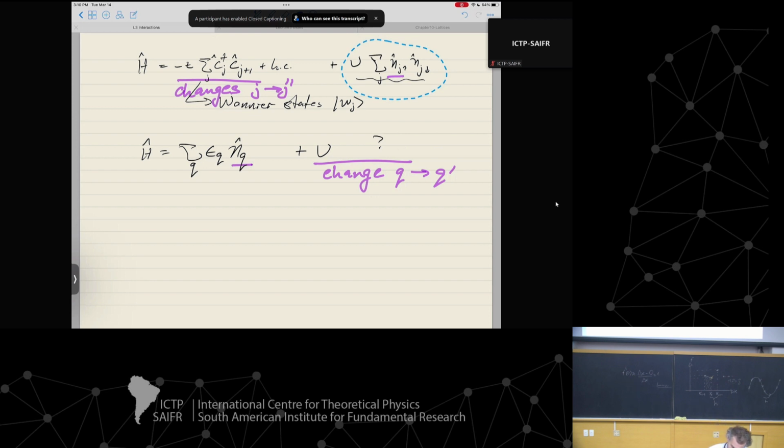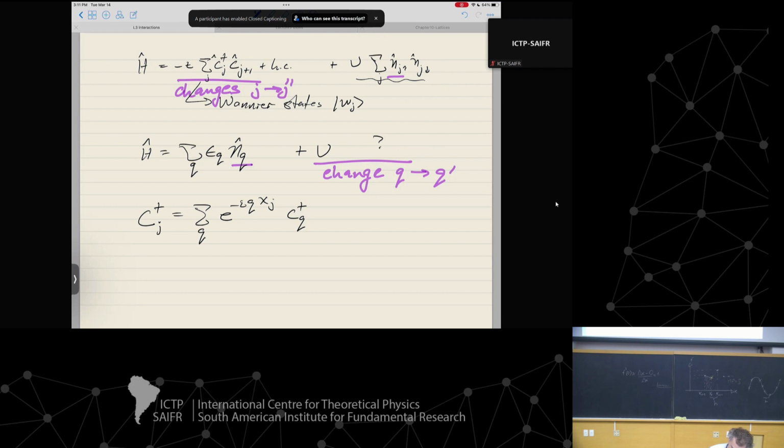And so what do we do? Well, we know that there's a Fourier transform relation between these things. We know that, for instance, if I want to write down a creation of something at a particular place, then I can write it out as the sum with the correct phases of that location, and then create something at, oops, sorry, I'm not putting the right index. This is a c_j, right, there we go.